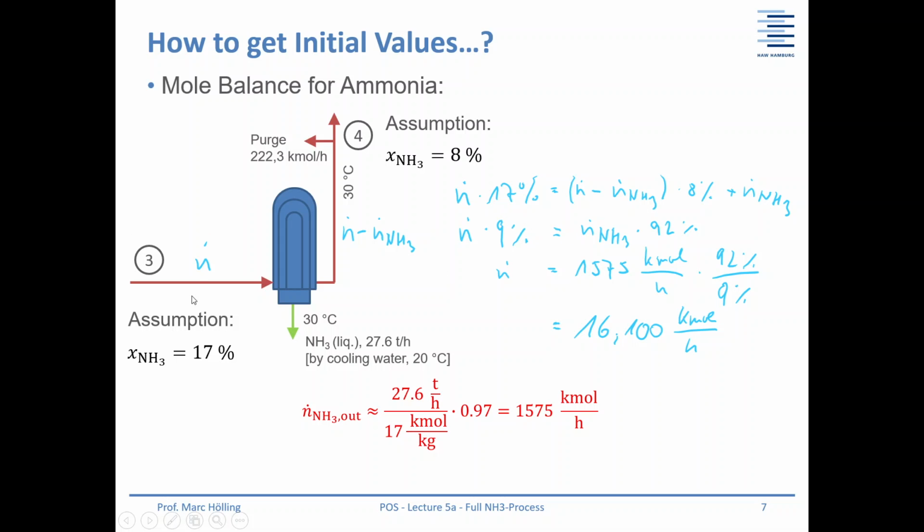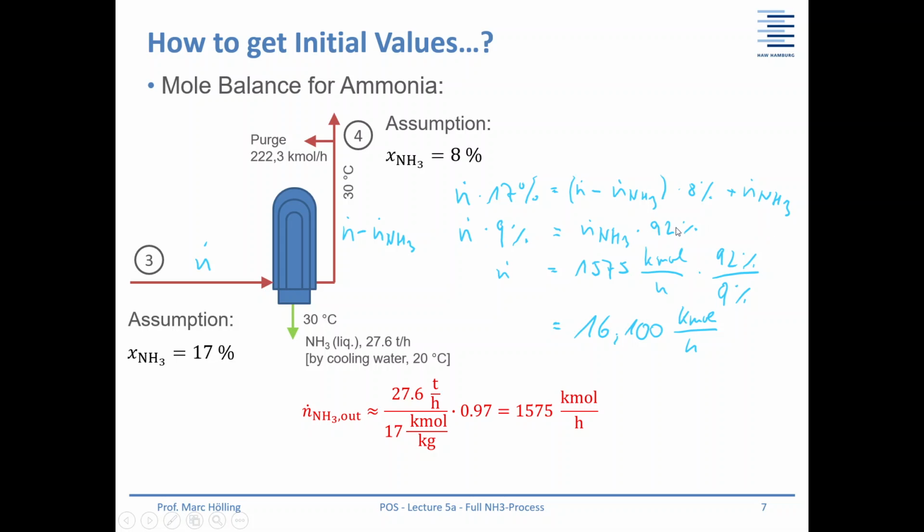And then we can do our mole balance. The mole flow here times 17% is the ammonia going to the condenser, and this should be the same as the ammonia that is still in the recycle loop. So this should be the mole flow minus the ammonia leaving the system: our reduced mole flow here times 8% mole fraction, and then we also have to take into account that the ammonia here is leaving the system.